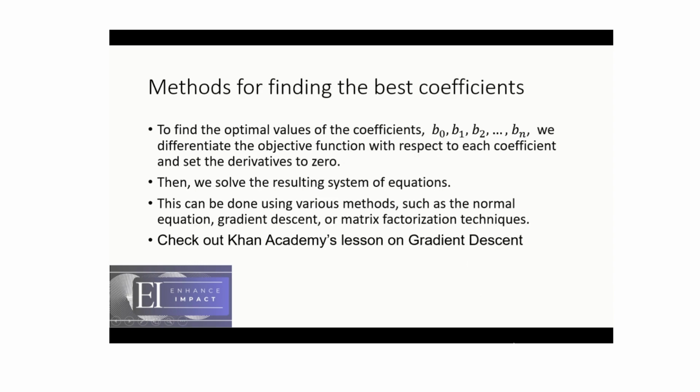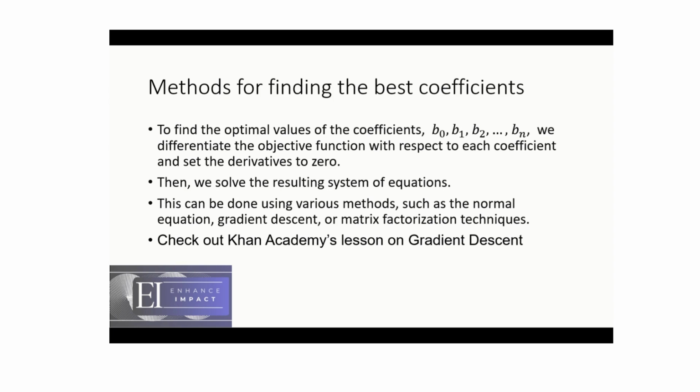The methods for finding the best coefficients. Well, the way we're going to actually find these coefficients, we're going to let the computer do the heavy lifting on that part. But what's actually happening under the hood is we're using calculus to set the derivatives equal to 0, and we'll solve the resulting system of equations for each beta value.